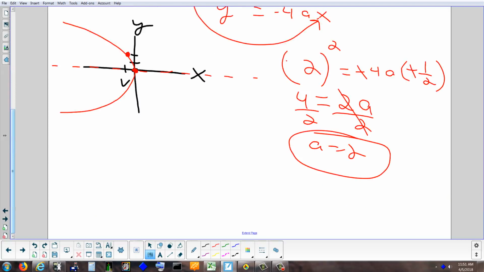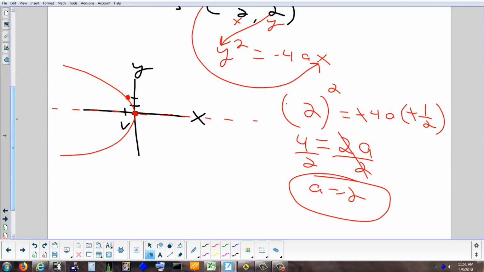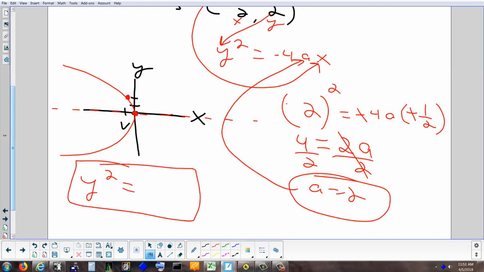So there's A. So now you use the coordinate, plugged it in for x and y to get A. Now you can fill in for A, and what would you get for your final answer? Negative what? Negative 8x.